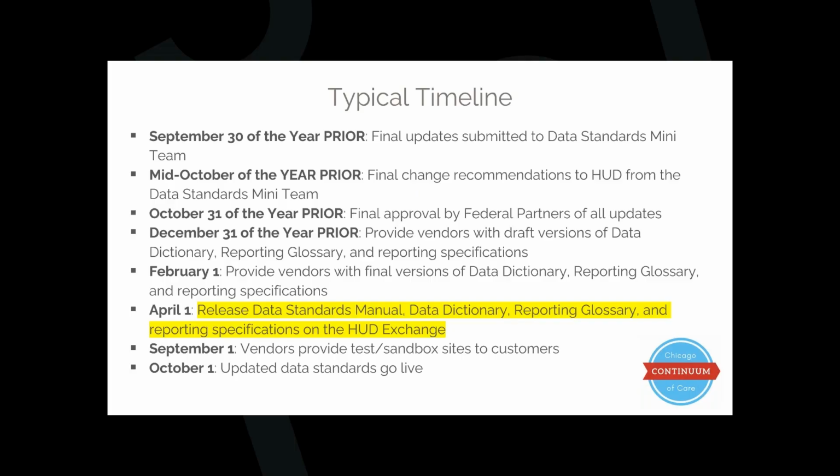So we did receive a test sandbox site that usually goes out September 1st, and that's just so we can prepare documentation internally and begin the rollout process. And then October 1st, updated data standards go live into HMIS. So this is the typical timeline for how data standards usually roll out. The last instance in 2024 followed the same timeline.